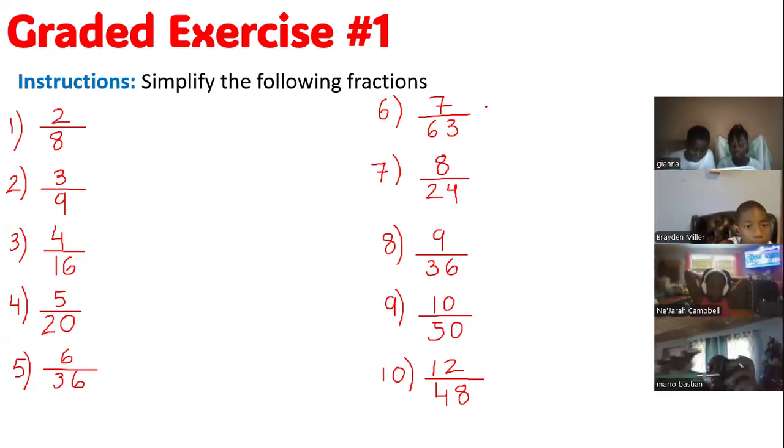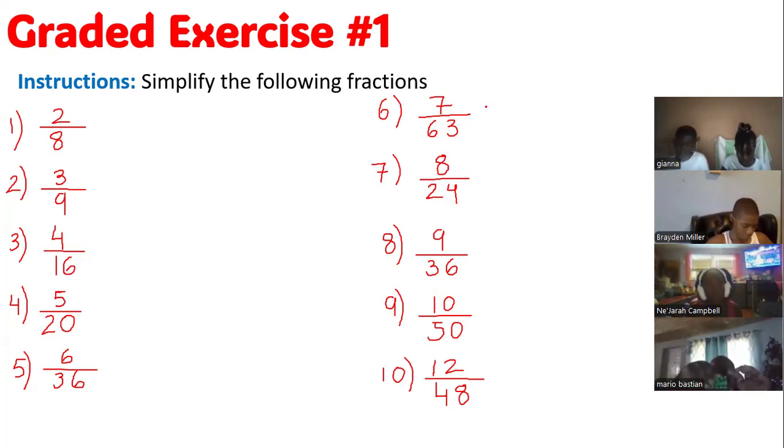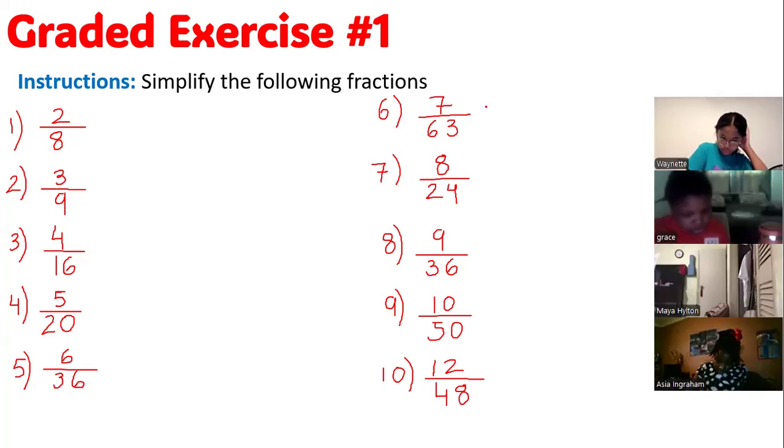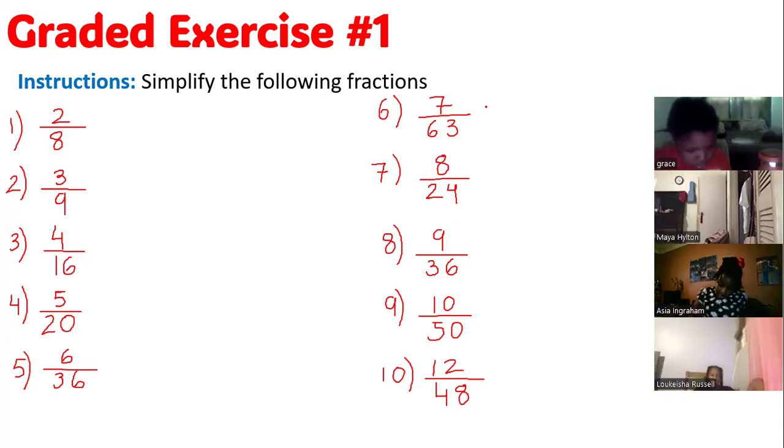I'm done. If you're finished, take a picture of your work and send it to me via WhatsApp. Again, if you're finished, take a picture of your work and send it to me via WhatsApp. Tajane, what number are you on?